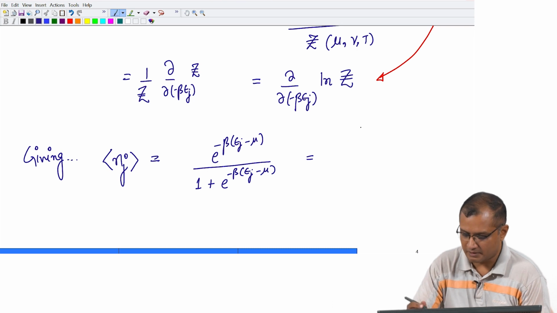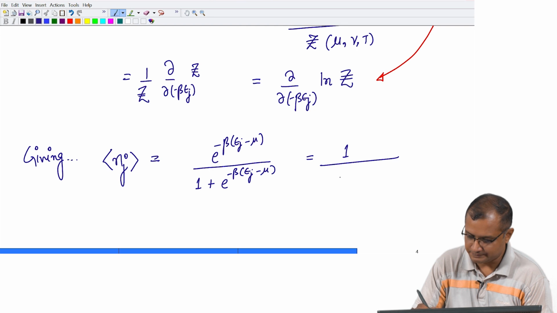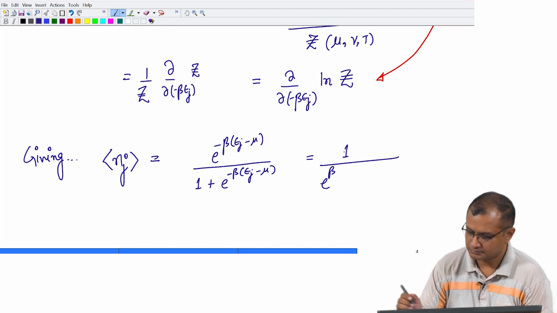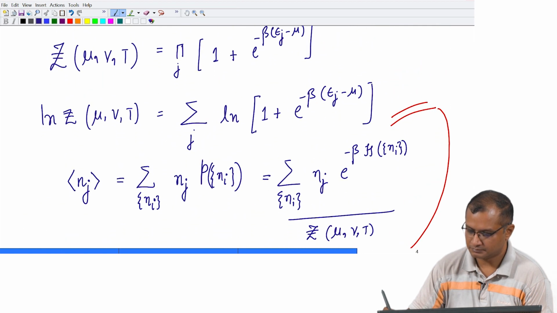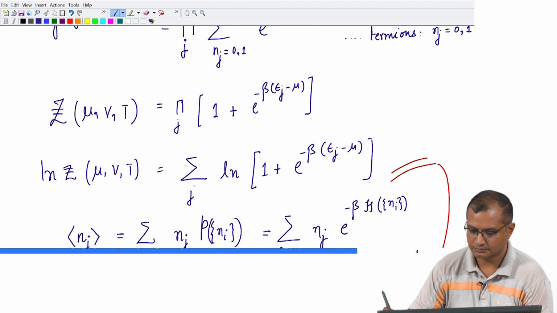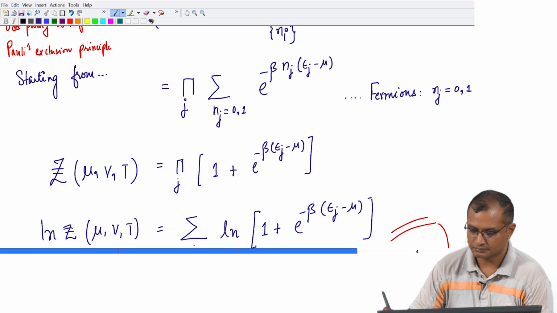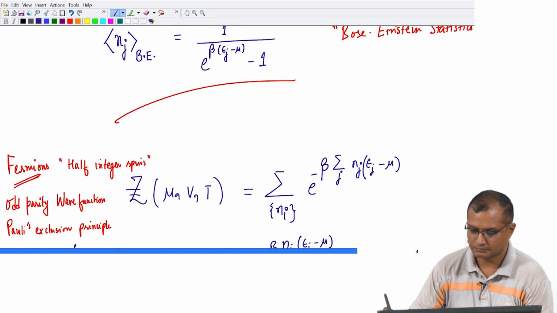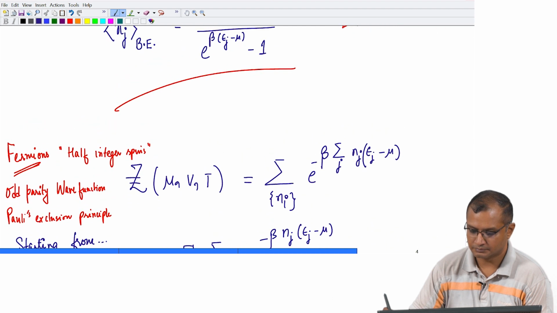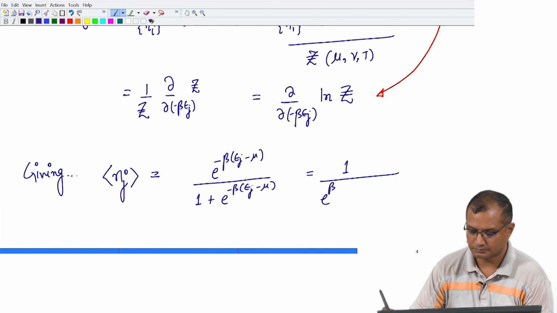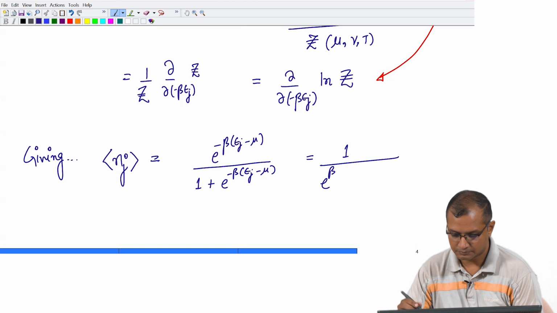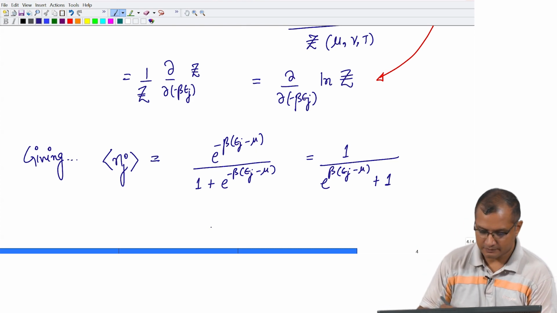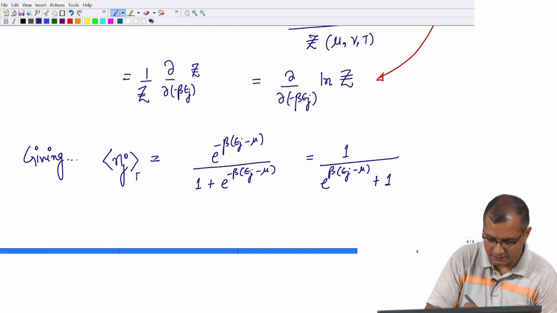Just multiplying and dividing by a common factor, I can write this as 1 upon e raised to beta (E j minus mu) plus 1.